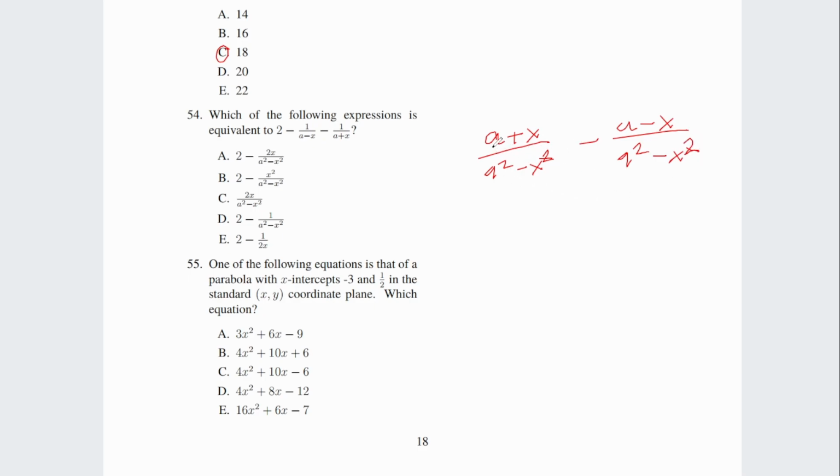And we can say, okay, a plus x minus a minus x. So a minus a is going to be 0, and x minus negative x is going to be 2x, over a squared minus x squared. And remember, we need to keep the 2 in there. 2x over a squared minus x squared, which is answer choice B.